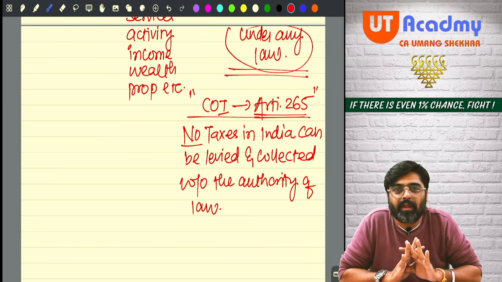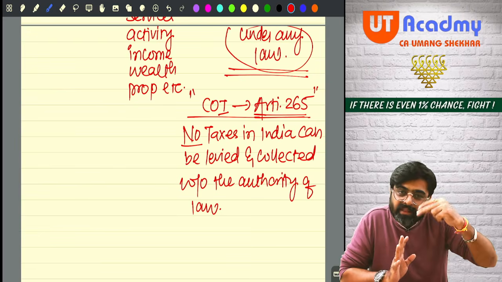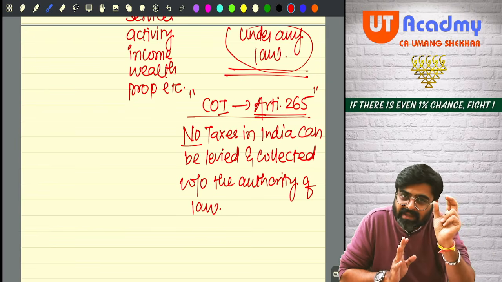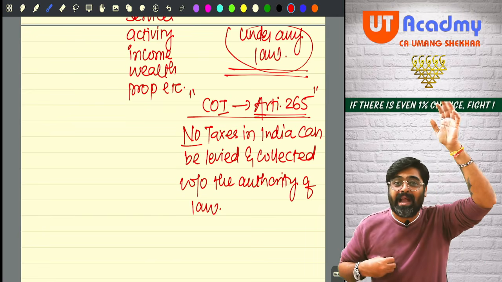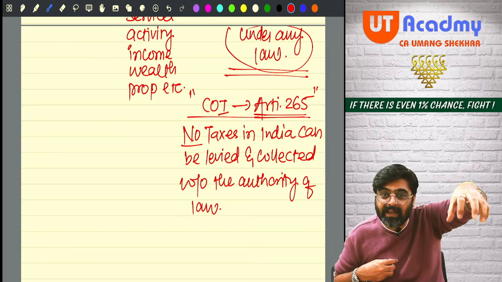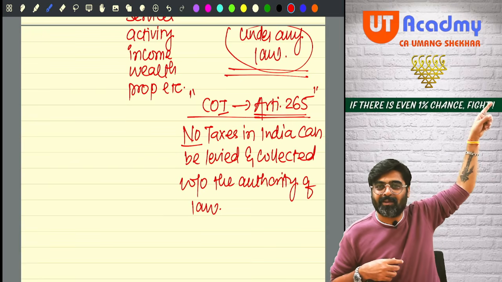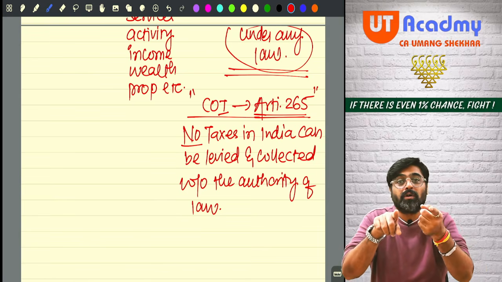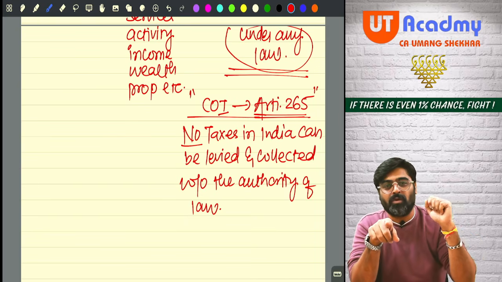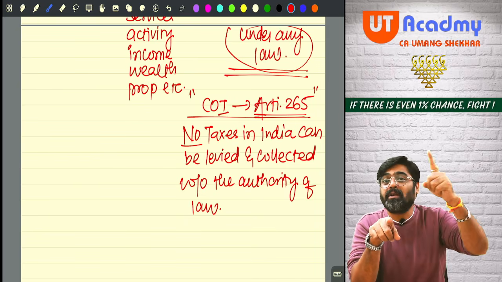Knowingly or unknowingly, whatever tax component is in that 20, you are paying it to the shopkeeper, and ultimately that shopkeeper collects that tax from you and gives it to the government. The government wants to take that tax from you, but it does not come directly to you.